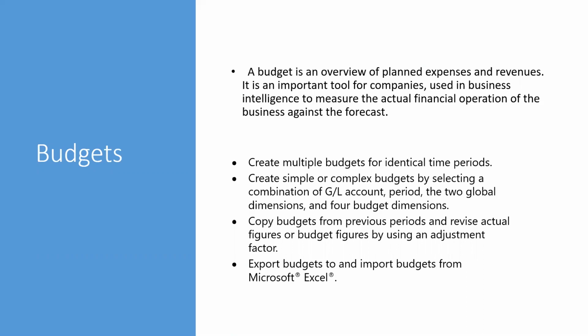Now, second, create simple or complex budgets by selecting a combination of G/L accounts, periods, what we call dimensions, which are additional information to your financial transactions, and budget dimensions. What does this mean? Well, a dimension could be extra information.